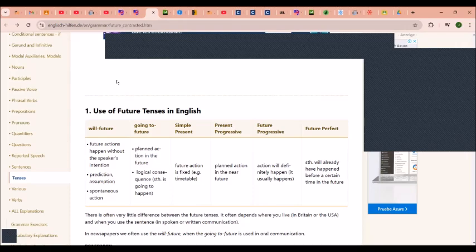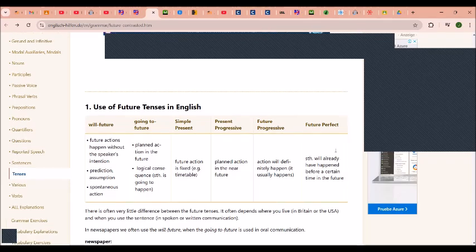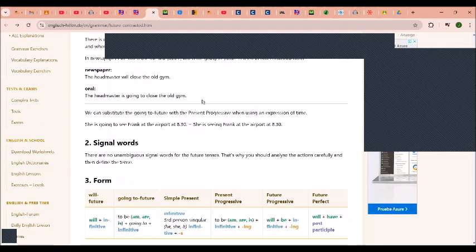Simple present, when it's fixed, when it's on a timetable in your agenda. Present continuous: planned action in the near future, right? We won't do future continuous or future perfect this class, but it's worth knowing that these are also future tenses. So actions that will definitely happen and that have progression, and future perfect, actions that have a start in the past and happened before you expected it to happen. All right, so those are the future forms.